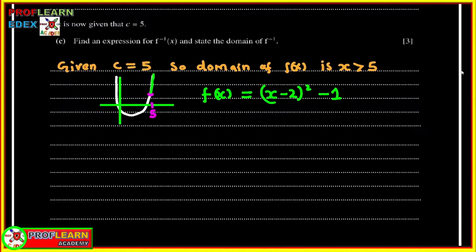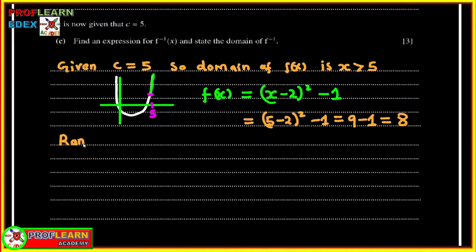So f of x equals x minus 2 squared minus 1. So for us to get the range for f of x at that particular domain of x is greater than 5, when we substitute that, we are going to get the value equal to 8. So our range for the function is actually 8.